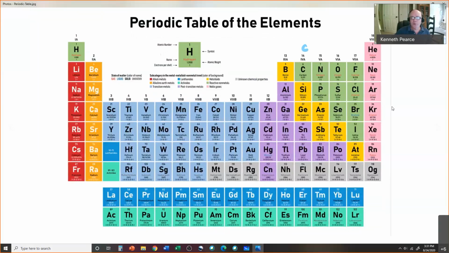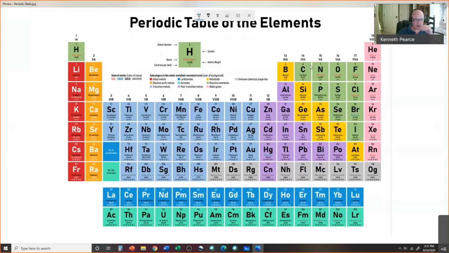You look over here, there's carbon, nitrogen, oxygen, fluorine. Each one of these is a symbol that represents the name of the element. Most of them are either English derived, or some of them come from Greek words, and some of them are from the names of people.